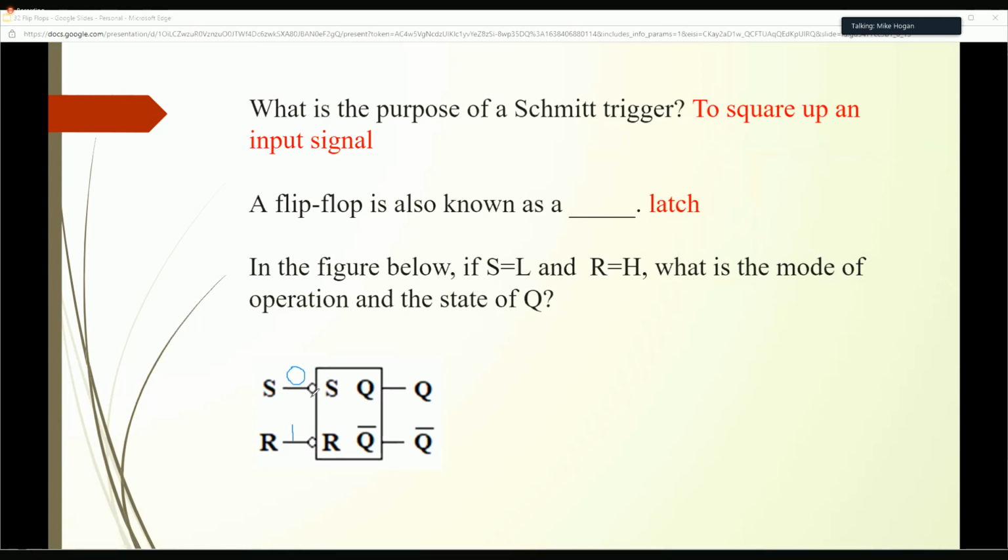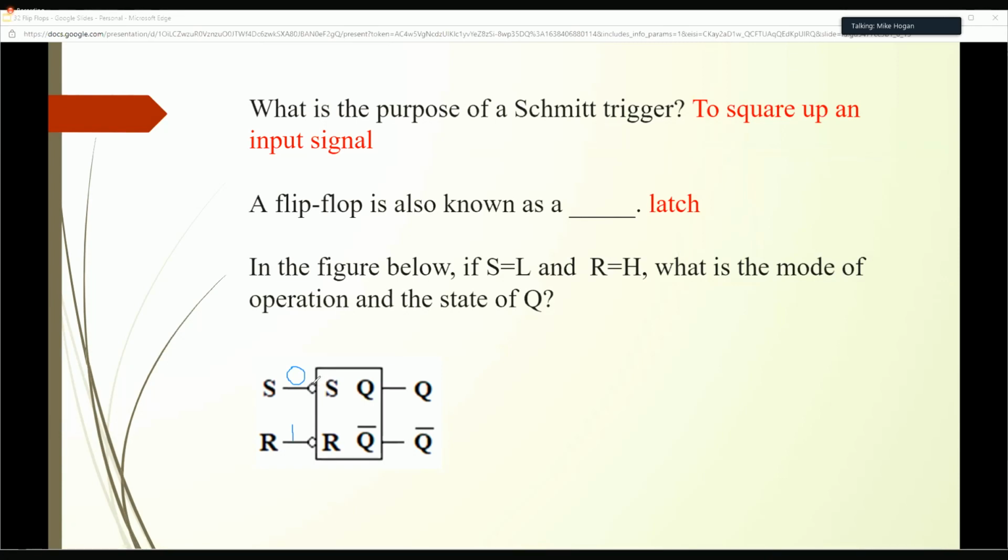What they are going to tell us is if this input is active low, if it's got a circle here, it's going to be active low. No circle, it's going to be active high. And so when we take a look at these inputs, we've got to know if this is going to be active low or high, because that's going to tell me whether it's going to be in set mode or reset.